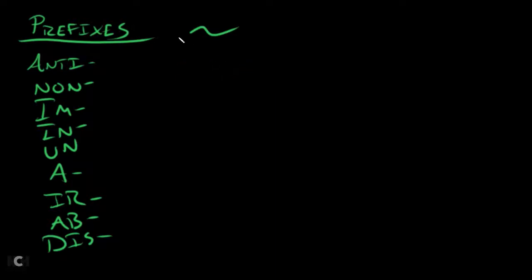Okay, so let's take a look at another one, like non. If someone says they're a non-smoker, sometimes this gets a hyphen, sometimes it doesn't. If someone's a non-smoker, do they smoke? No, they do not. So if I cover the prefix here, it looks like smoker, non-smoker, those are two opposite things.